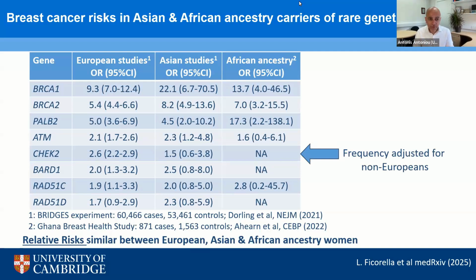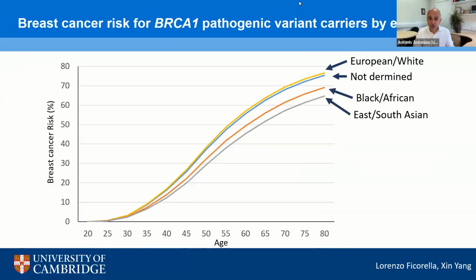But although the relative risks are the same, the absolute risks of developing cancer will differ by ethnicity, because we assume different baseline incidences for each ethnic group. I'll demonstrate this with a couple of examples. In the case of a BRCA1 pathogenic variant carrier, the lifetime risk is around 75% for those of European ancestry, compared to 64% for those of Asian ancestry.